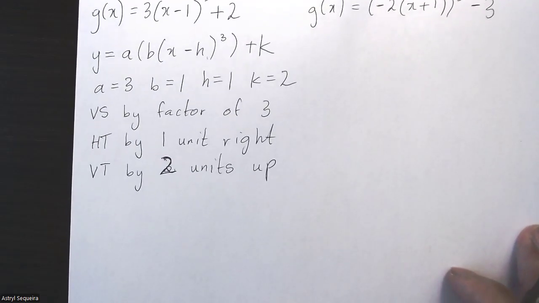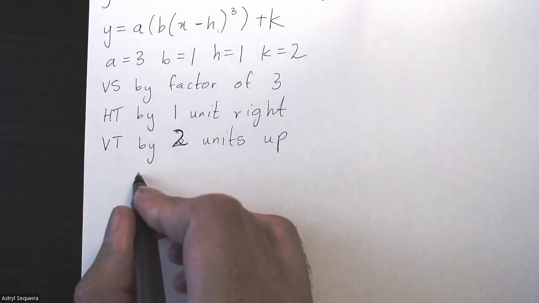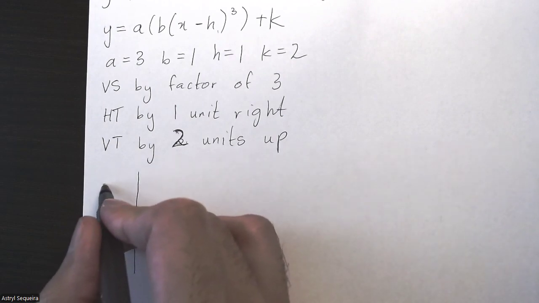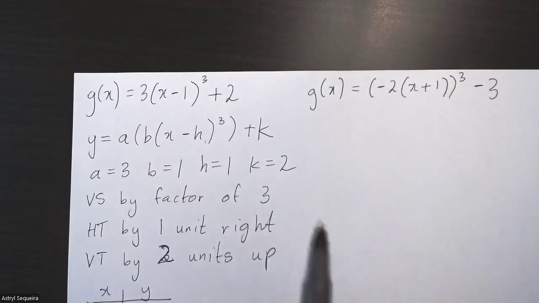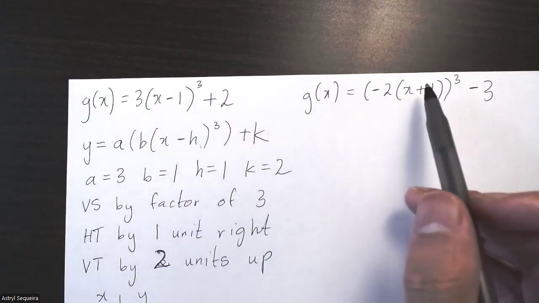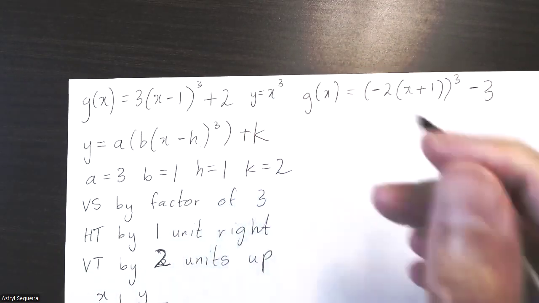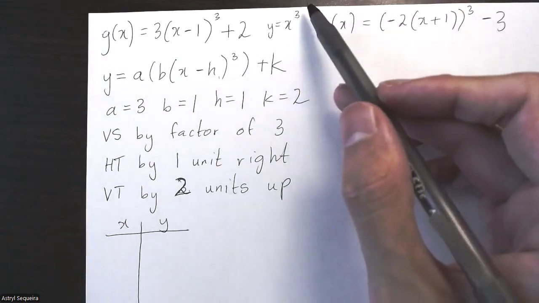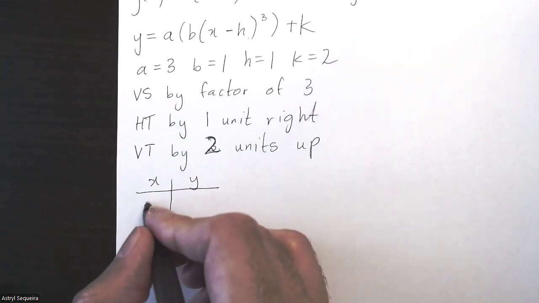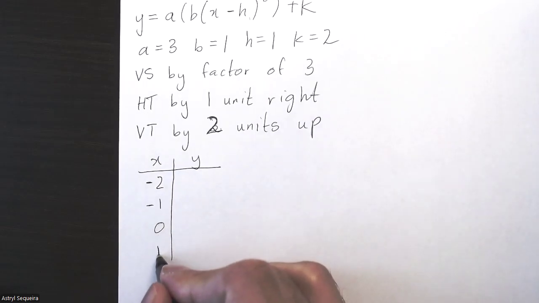Next, I want to come up with my table of values to figure this out. First things first, I want to come up with my original table, and your original table will depend on your parent function. In this question, our parent function is a cubic function, and for both questions, so my parent function is x cubed, y equals x cubed. For an x cubed function, you always take the x points as -2, -1, 0, 1, 2.